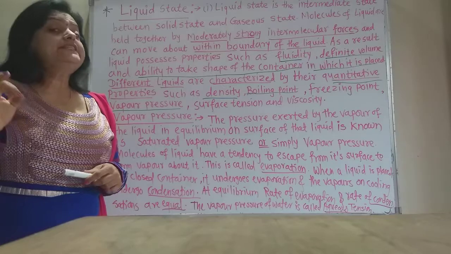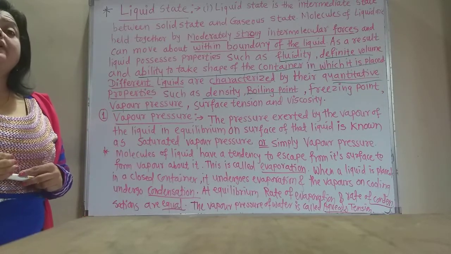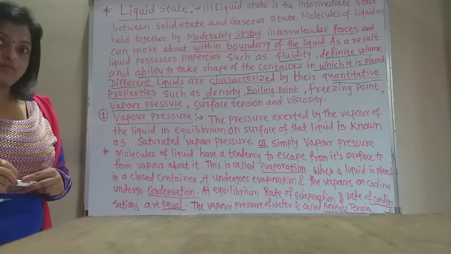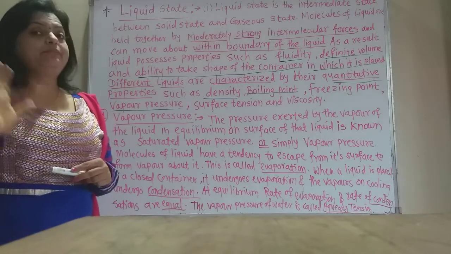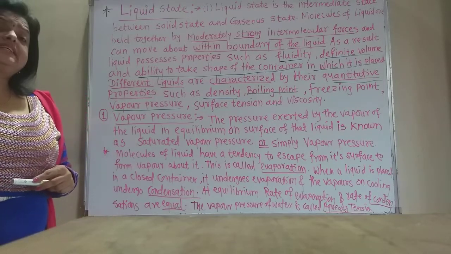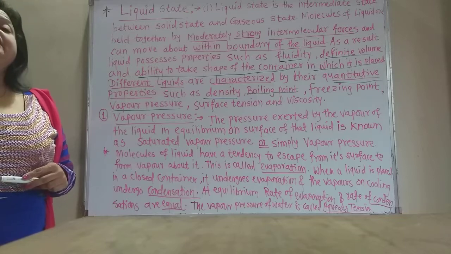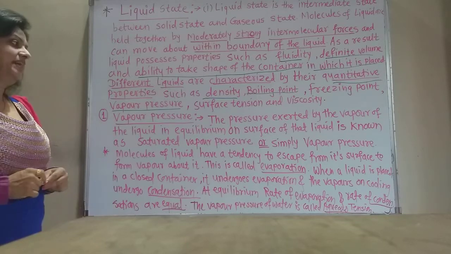What is equilibrium? When the rate of evaporation and rate of condensation of that liquid become equal, that is the equilibrium state. So at equilibrium, the pressure exerted by the vapors of the liquid on its surface is called the vapor pressure of that liquid.